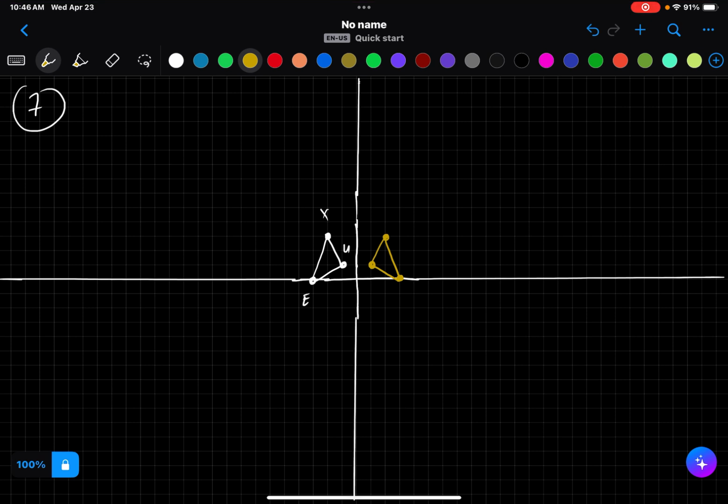So that's number 7. Pause it if you need to, and we're going to move on to number 8. We'll redo the grid lines. Okay, so number 8. You have this object here that has here a dot that's X. It's another triangle.